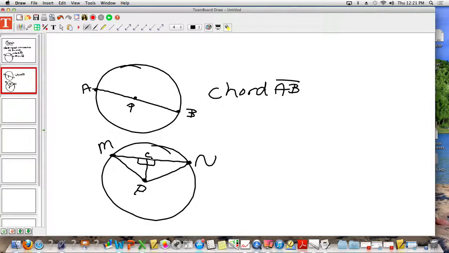So first of all, we've got to write some stuff down about this. PC is the perpendicular. What does that mean?